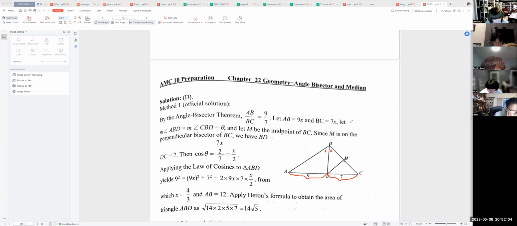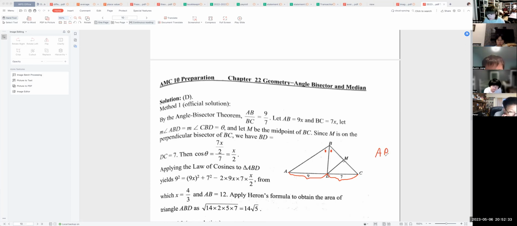Okay, everybody take a look. So let's take a look at this one, okay? By the angle bisector theorem, AB to BC equals 9 to 7. Do you understand?